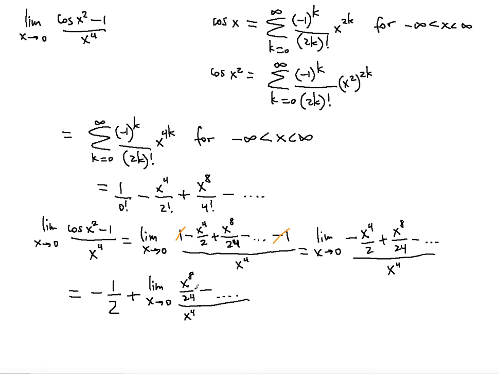So logically, if you divide the higher power of x by the smaller power, x to a certain power will remain. Then you set x equal to 0, and you will have 0, because x will remain and the fraction will go away. 0 divided by non-zero numbers in the denominator will always be 0. So the limit is essentially negative 1/2 plus 0, which is equal to negative 1/2.